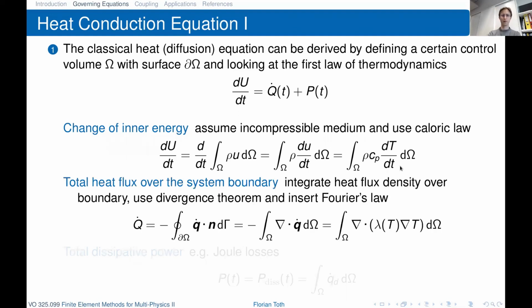The second term in the equation was the total heat flux over the system boundary. And here we can again just write down the boundary integral over the closed boundary of the control volume. And we have to integrate, of course, the normal heat flux.